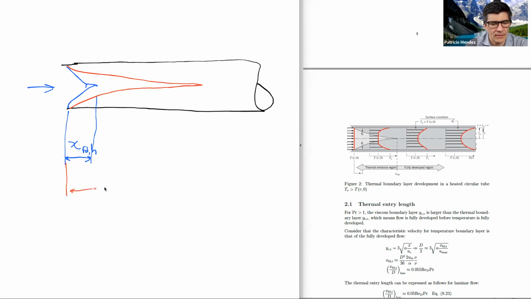And this length is going to be the thermal entry length, X fully developed thermal. This part here, in which both boundary layers are happening, is what they call the combined entry.